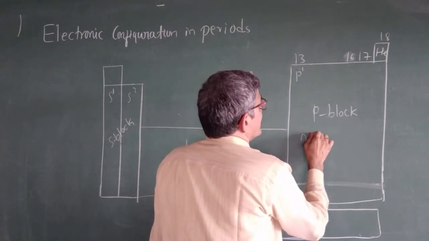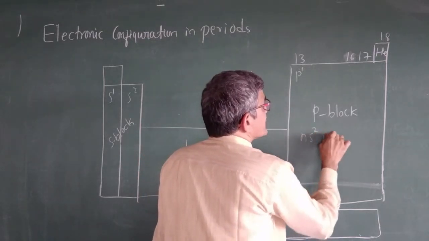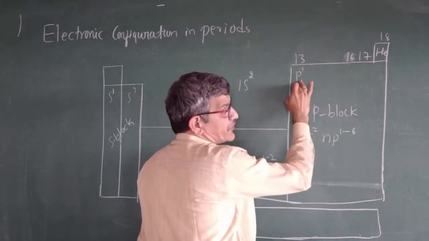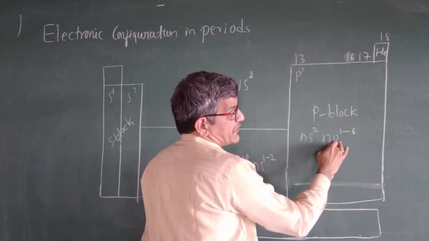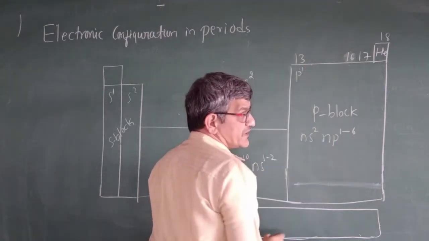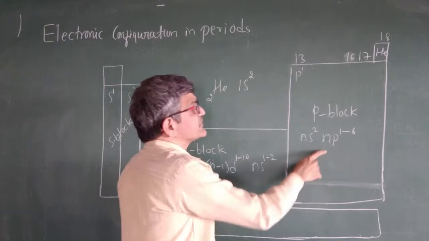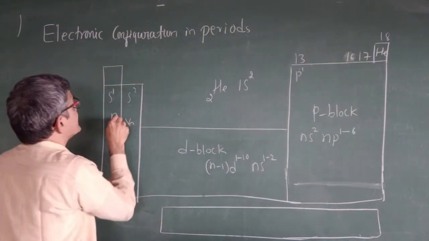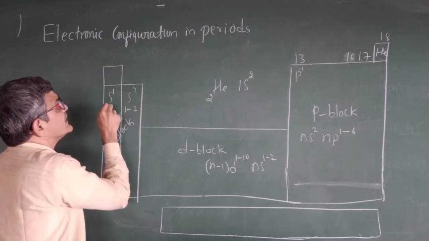It is ns2 np 1 to 6. 1 to 6 ಅಂದ್ರೆ ಏನು? From 13th group ಇದ್ರೆ np1 ಆಗುತ್ತೆ, 14th group ಗೆ 2, like that it will go up to 18. The general electronic configuration of the S block is ns 1 to 2.